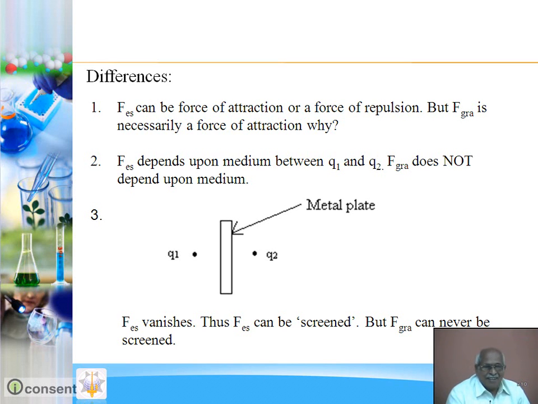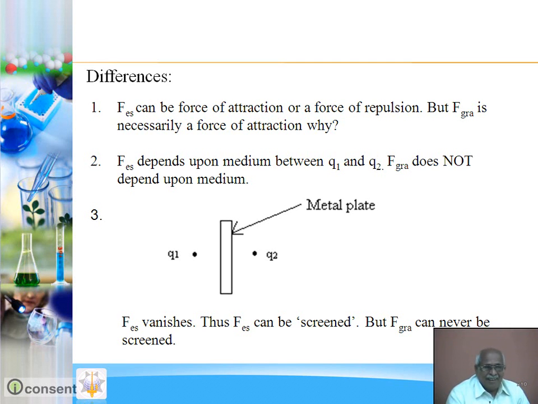But gravitational force is always force of attraction. It cannot be force of repulsion. Why? What is the reason? The equations are similar, but electrostatic force can be force of attraction or repulsion. On the other hand, gravitational force is necessarily force of attraction.